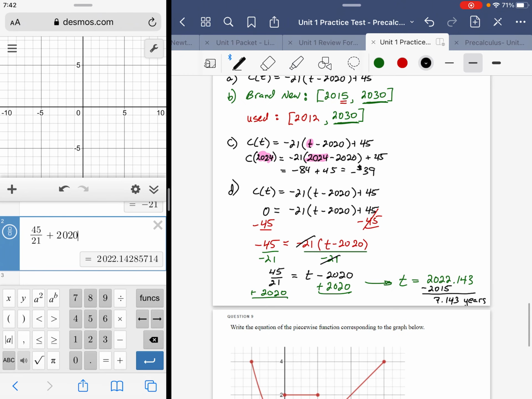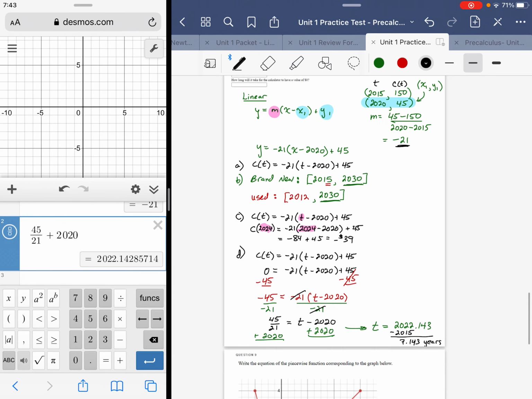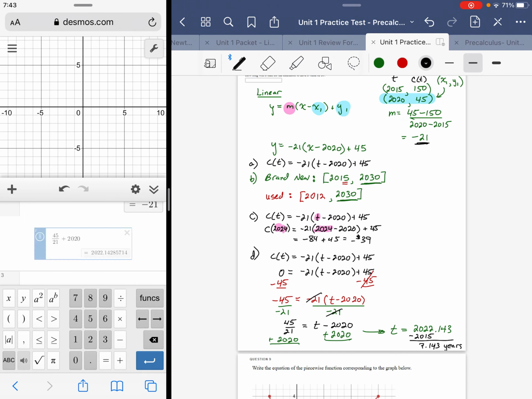All right. So definitely a trickier, more involved type of question, but one that you can kind of reason your way through. All right, but let me just show you really quickly. If you needed to do this on the calculator, you already have the equation. So you compute the slope, you get your equation.